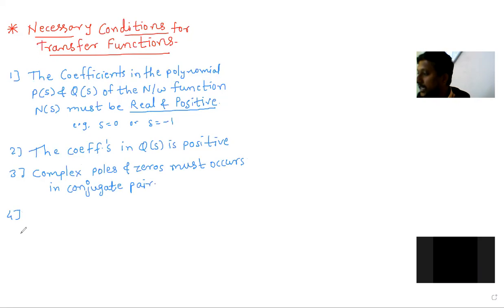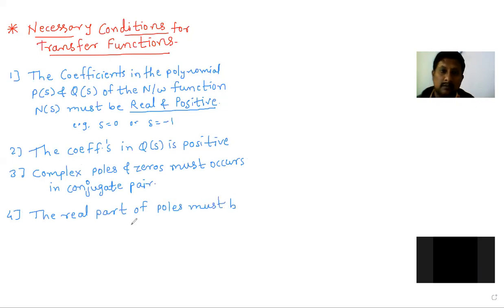Next, the real part of the poles must be zero or negative. I will take a different example here. S is equal to 0 is acceptable. S is equal to -1 is also acceptable.